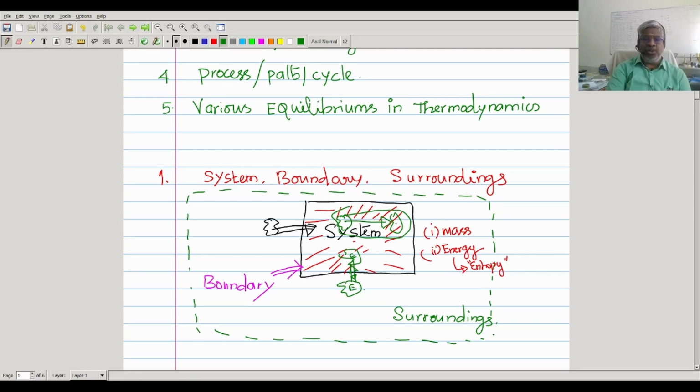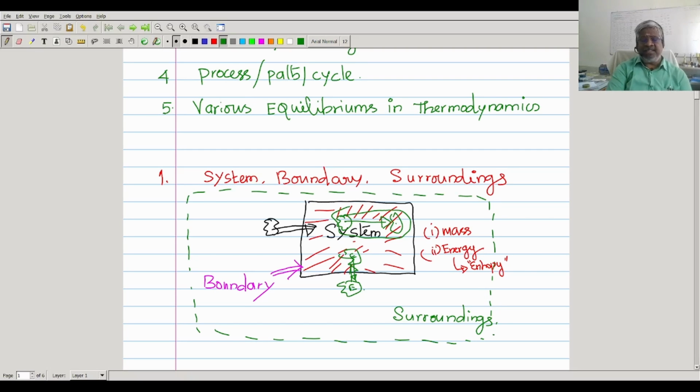As I already told you in my first video, the fundamental of thermodynamics is to calculate the amount of energy that is transformed from one form to another, or transferred from one place to another. So the calculation of energy is very essential. Along with energy, mass interaction is also very important, because mass can carry some energy in terms of heat or in terms of its pressure form.